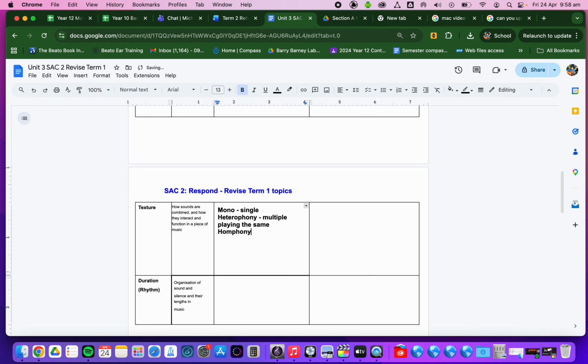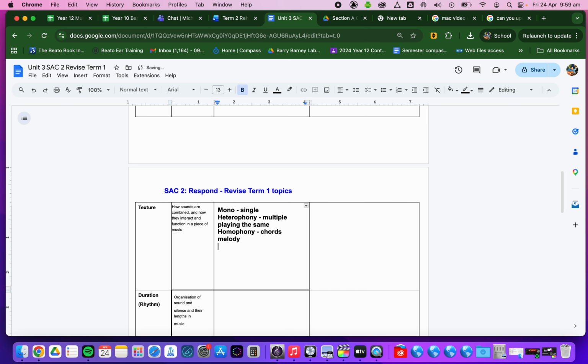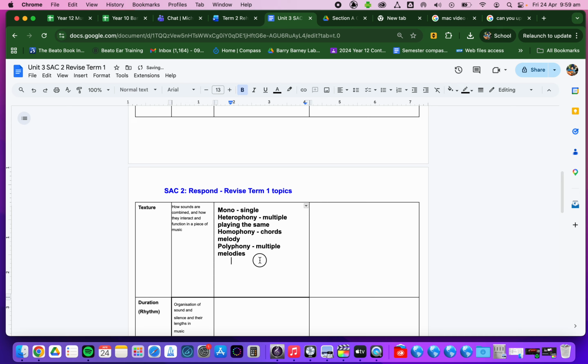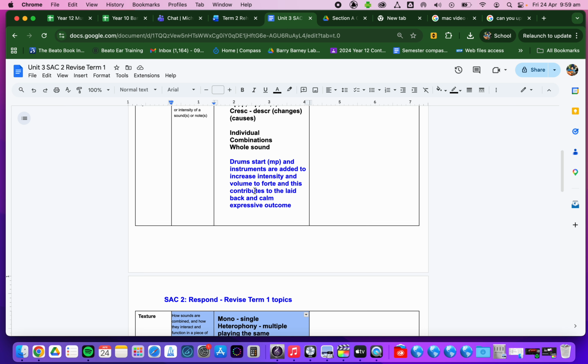Homophony is chords and melody. And polyphony is multiple melodies. So you've got to decide which one best describes the texture for each version, obviously, and if you can relate that back to the expressive outcome as well, that's always a bonus.